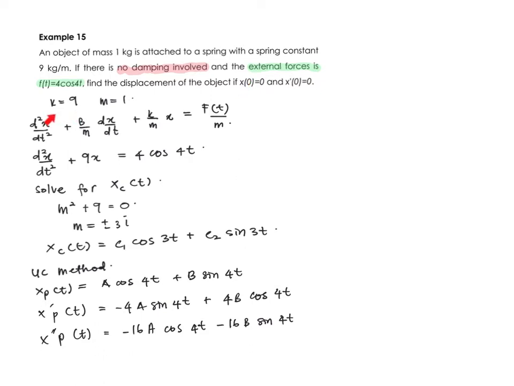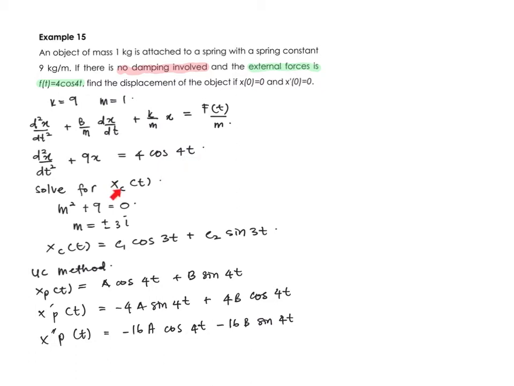Okay, so the values given: k equals 9, the spring constant, and m equals 1, the mass. Next, substitute into the DE. So we have d²x/dt² + 9x = 4 cos 4t.